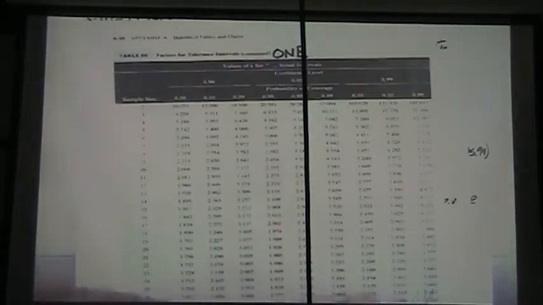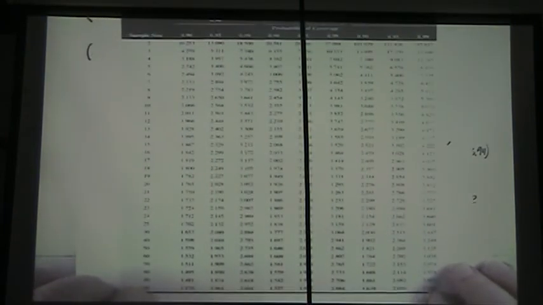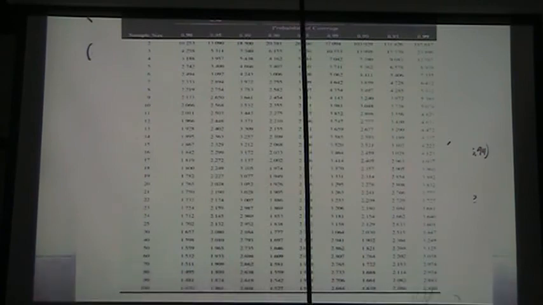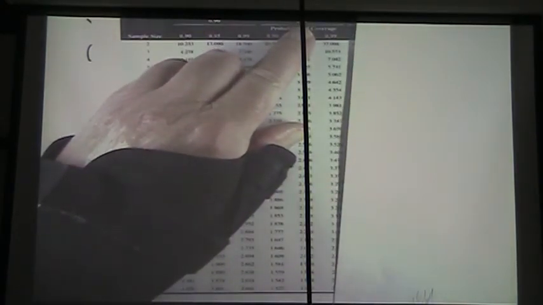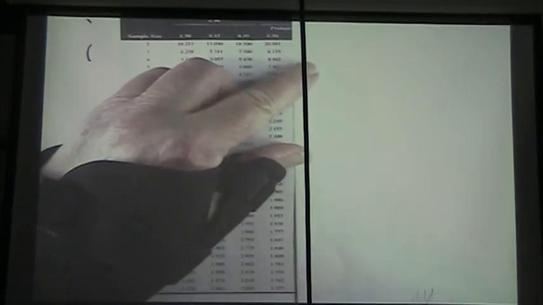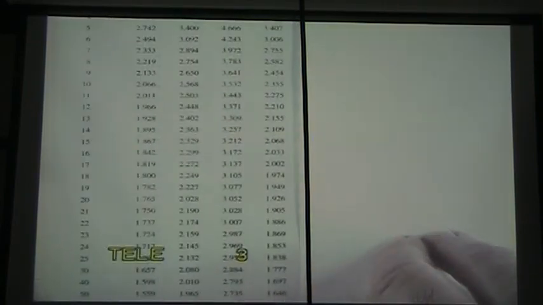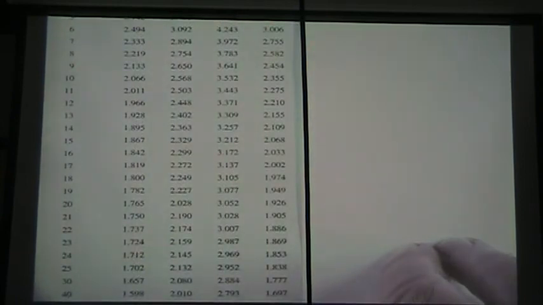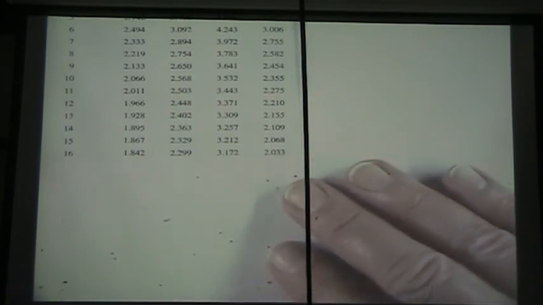All right, so this time I'm not using the two-sided, I'm using my one-sided intervals. My confidence level at 95% and my coverage at 90%. All right, and let's blow this up. And then I put this under the row 16.